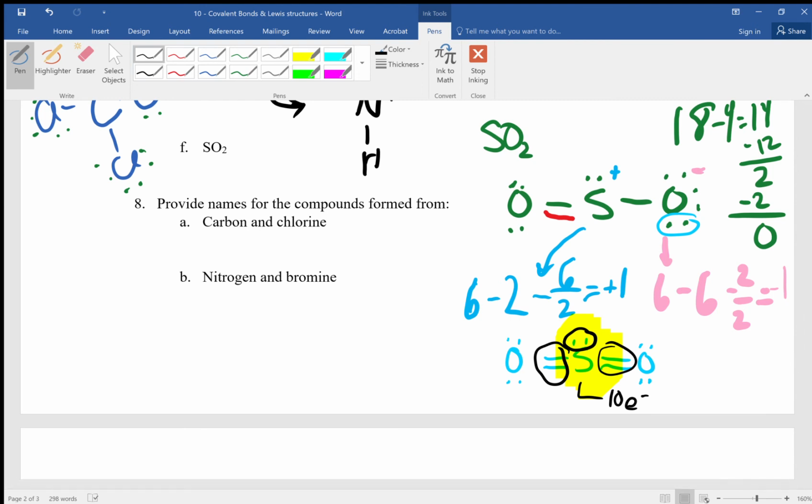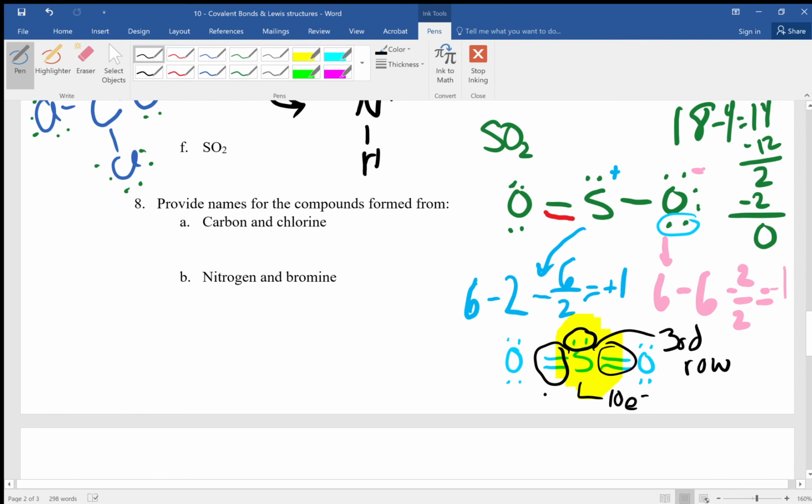Well, if we were dealing with carbon or oxygen, having 10 electrons is a problem. But because sulfur is in the 3rd row of the periodic table, we can and often will have more than 8 electrons around some of those elements. Very, very common for sulfur as well as phosphorus. So that's okay.